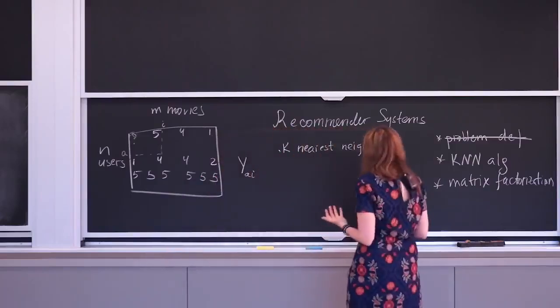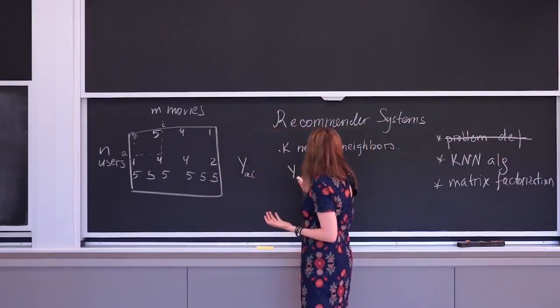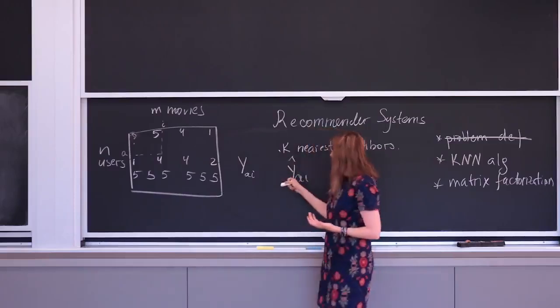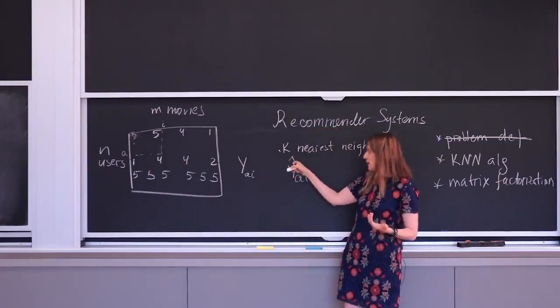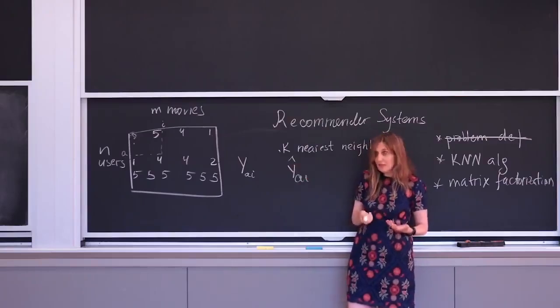So what we will do, we will say, okay, I would use the following notation. Y hat of A, I, where Y with the hat means predicted Y, the predicted value.